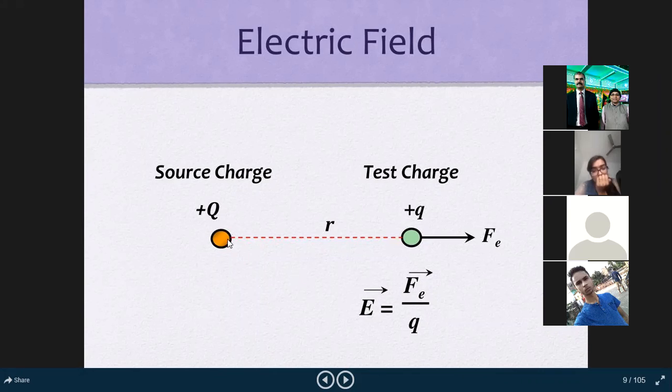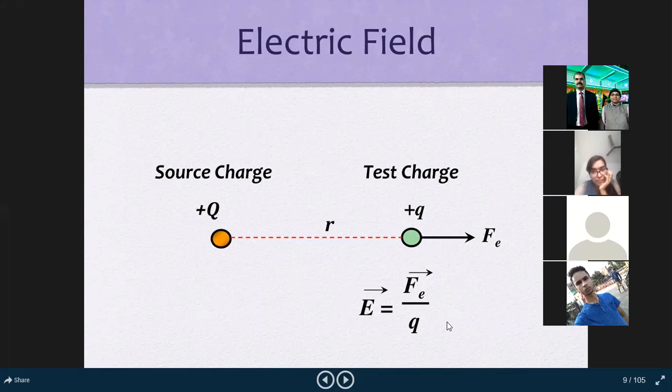Since this source charge is positive and this test charge is also positive, the test charge will be repelled. The source charge is fixed, so it will repel the test charge in this direction with a force Fe. Therefore, the electric field of this source charge is expressed as the force experienced by unit test charge.